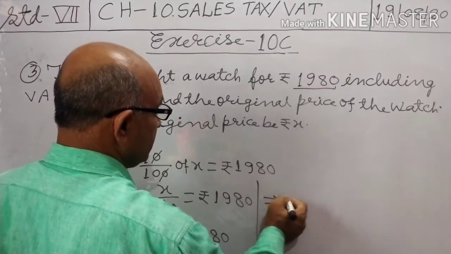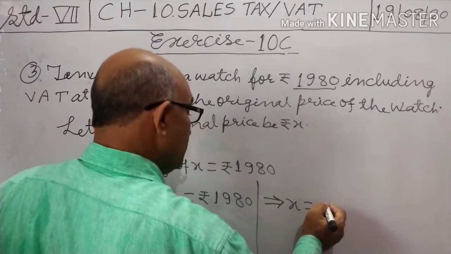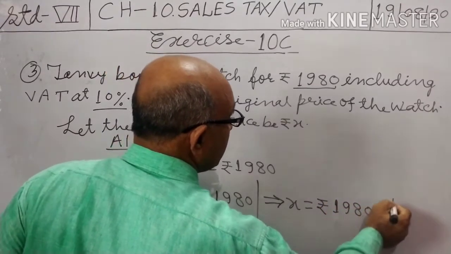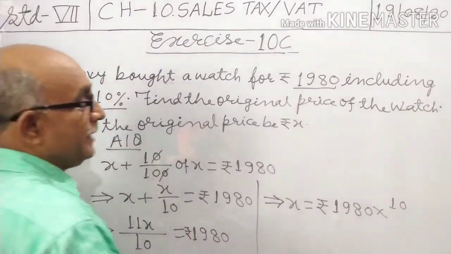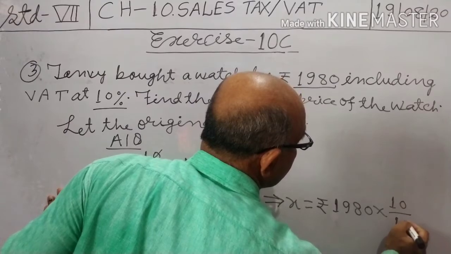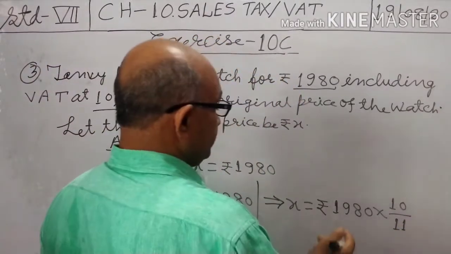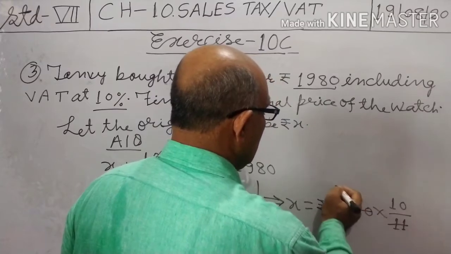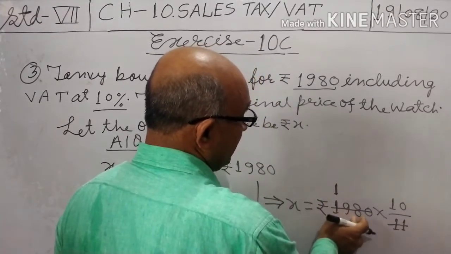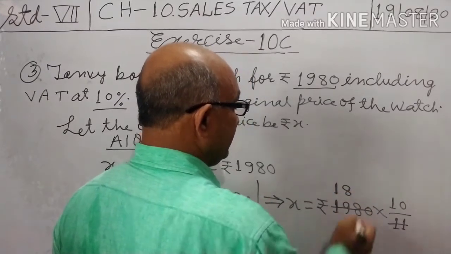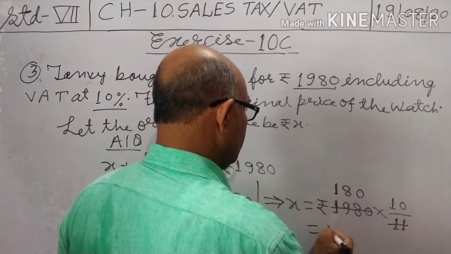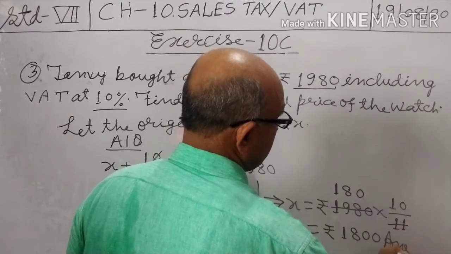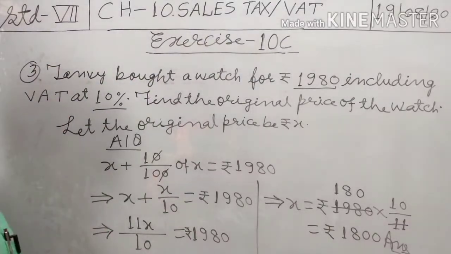That implies x equals rupees 1980 divided by 11, by transposition. 11 times 8 is 88, and 0, equals rupees 1800. Answer of this question. Understand and write it.